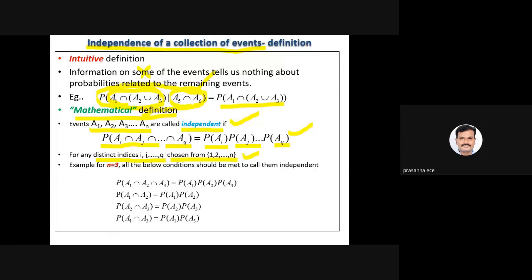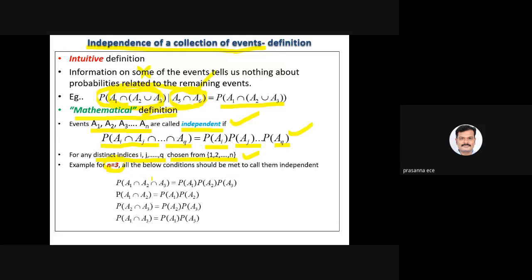We have defined some n events. All these n events are independent only if any combination of the intersection of those events is nothing but a product of the individual events. The intersection can be of any type. For illustration purposes, I have taken n equal to 3.